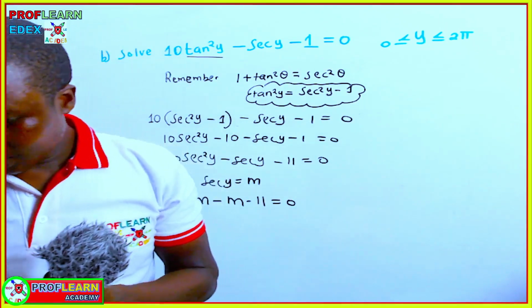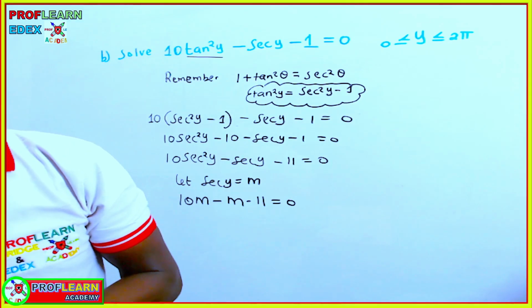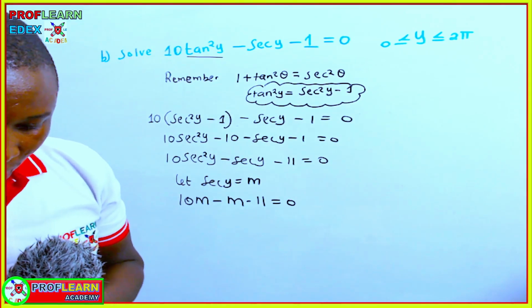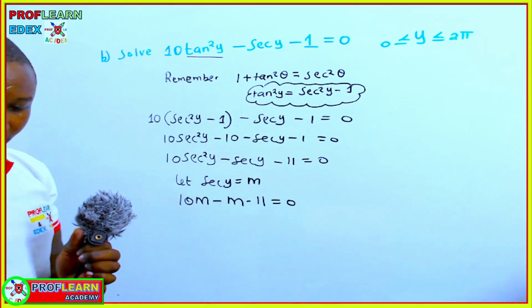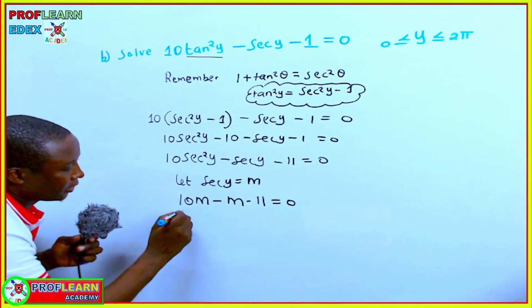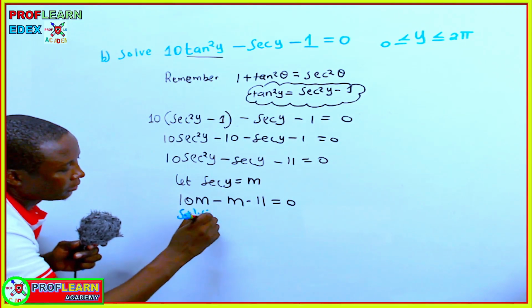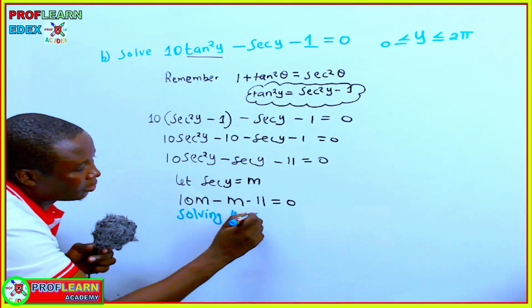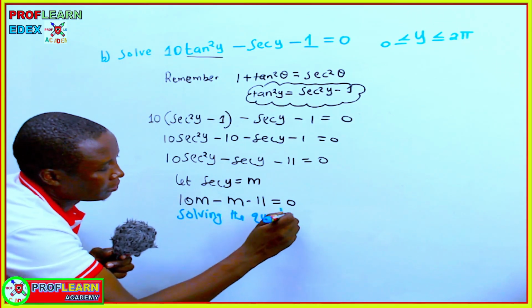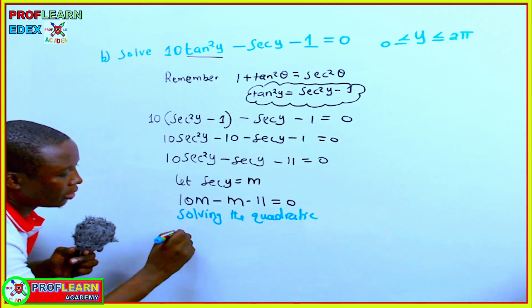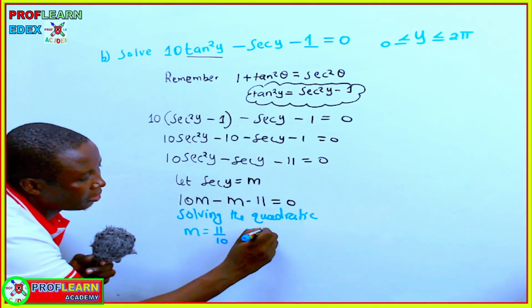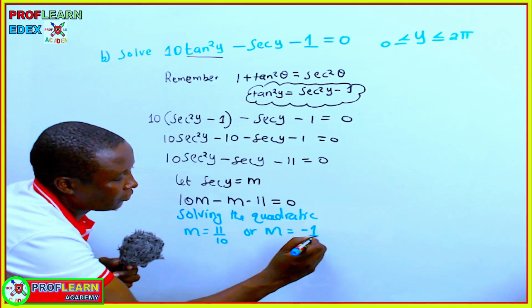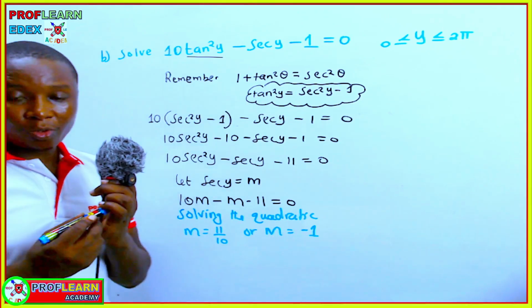Now, solving that quadratic equation, you are going to get m equals 11 over 10, or m equals -1. Those are the two answers you are going to get.